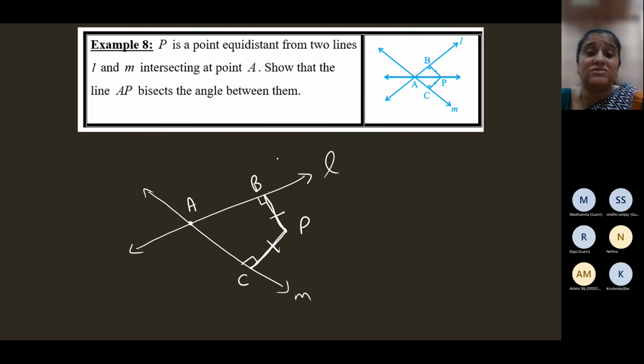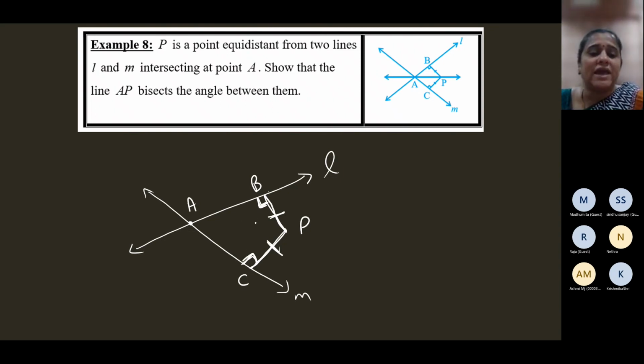That means they are perpendicular, because there are many routes from P to touch the line L or M, and the route taken is the perpendicular one. That's why we know there's already 90 degrees.